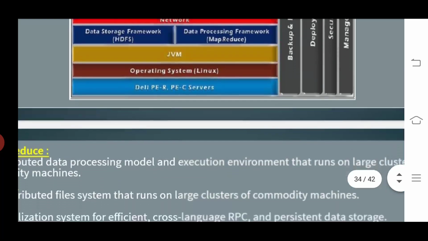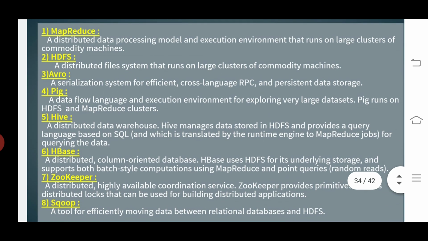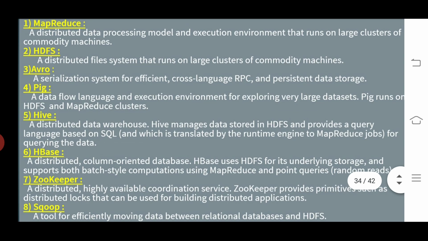Now we can learn about the concept of Sqoop. What is Sqoop? It is a data access framework, a tool, in the sense of a component, for efficiently moving data.